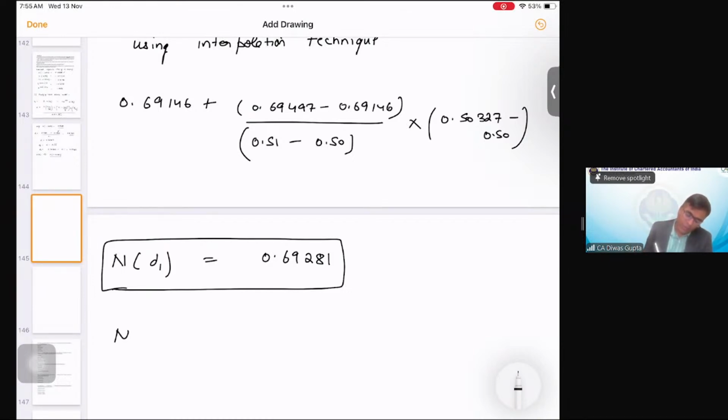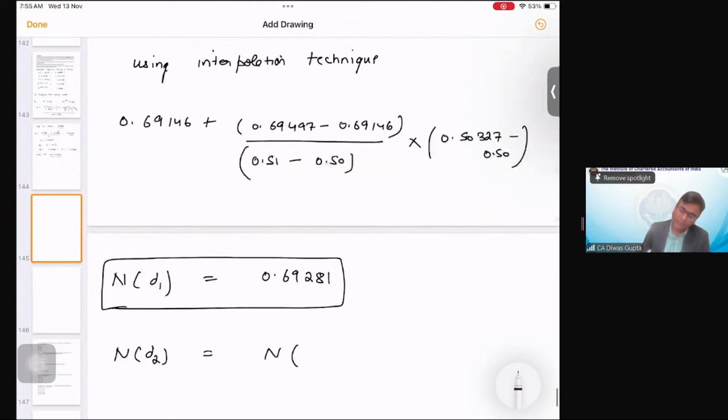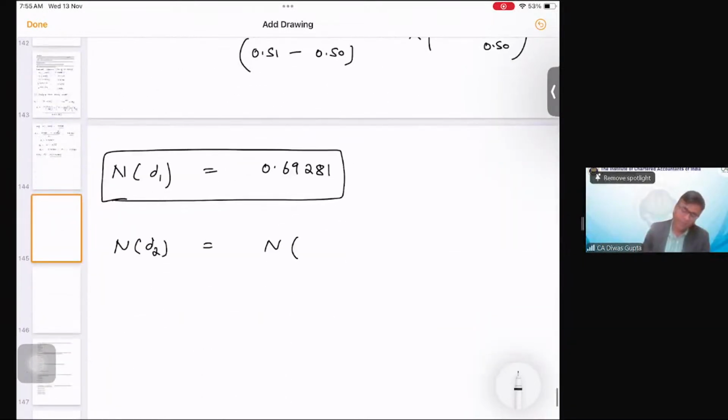And if we talk about N(d2) now, which is N of 0.39327, this was the d2 value, right?